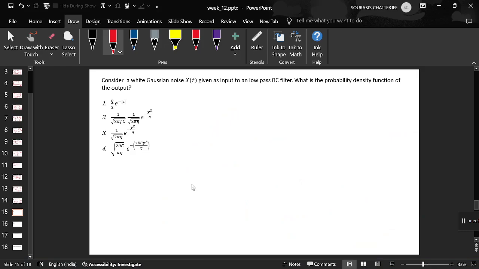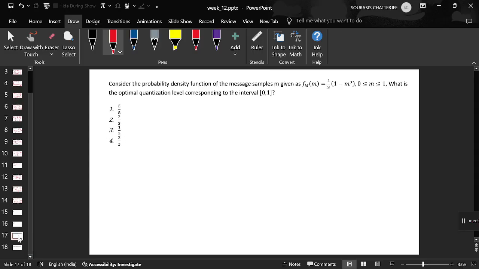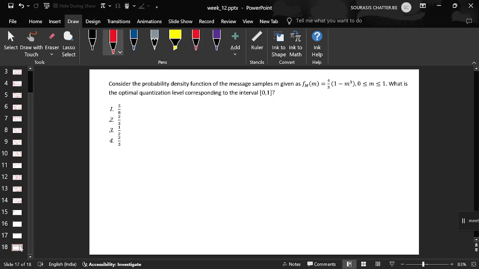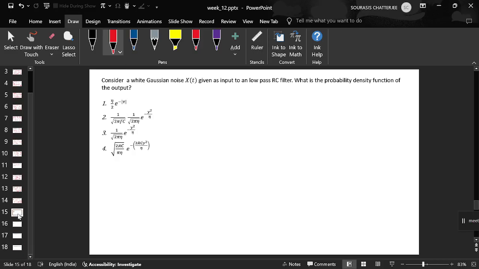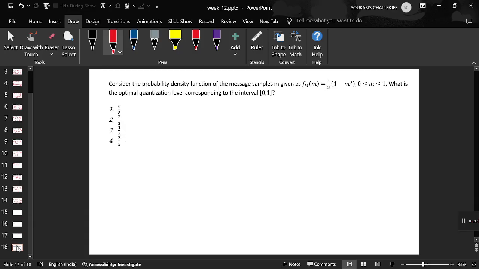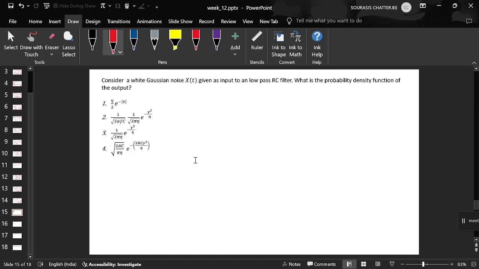So we next move into this question, which basically shows a white Gaussian noise given as input to a low pass RC filter. So what is the probability density function of the output?